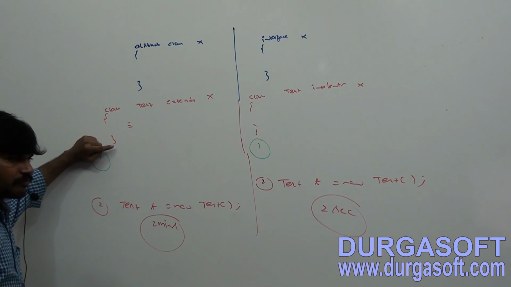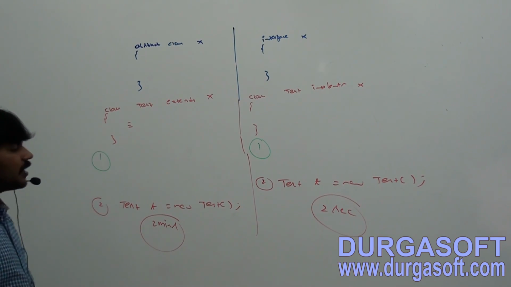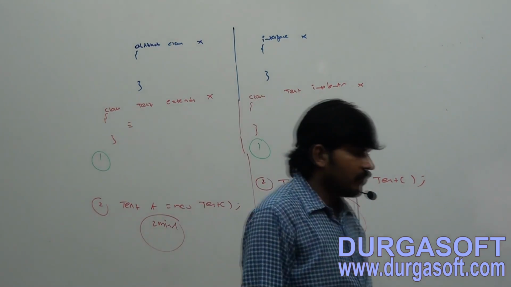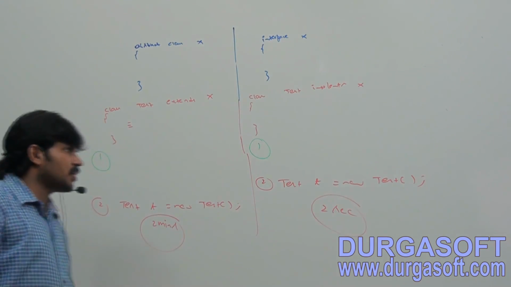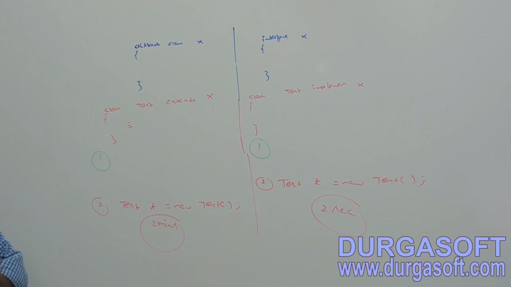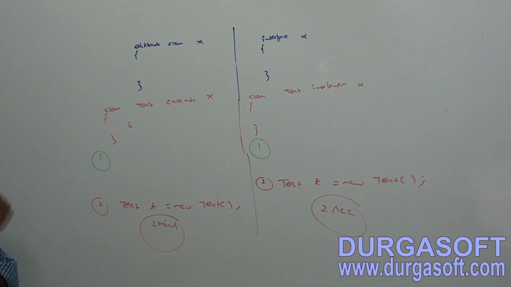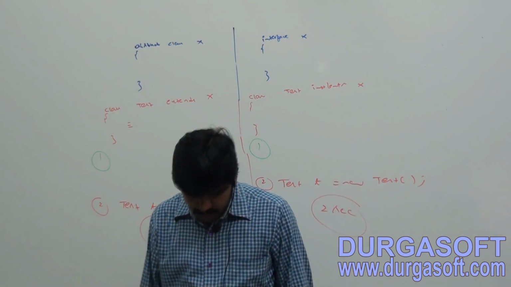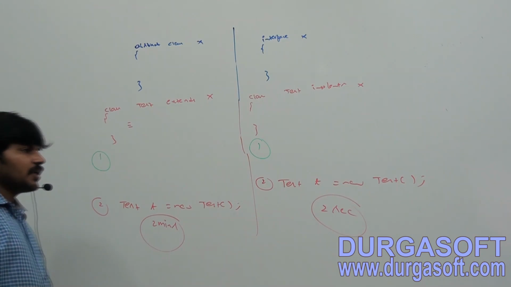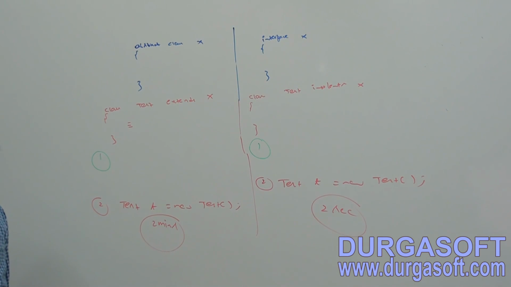First one: while extending an abstract class, it is not possible to extend any other class.